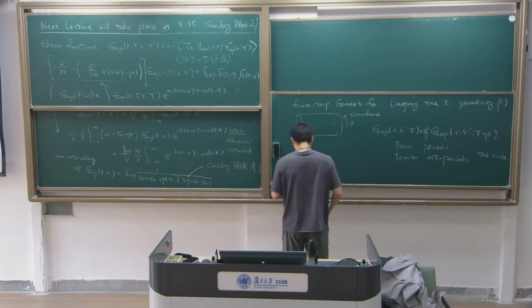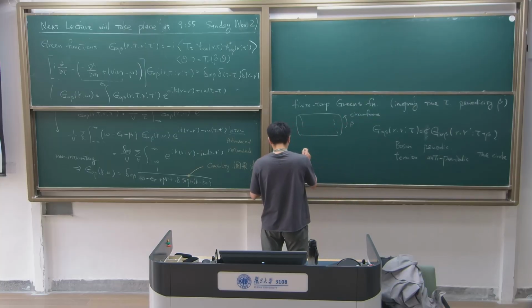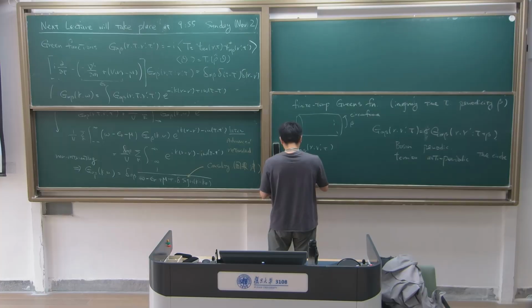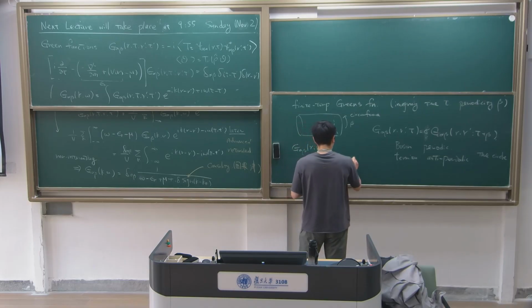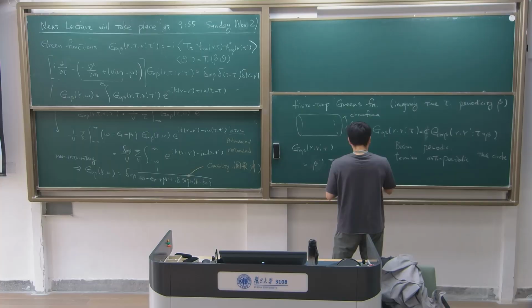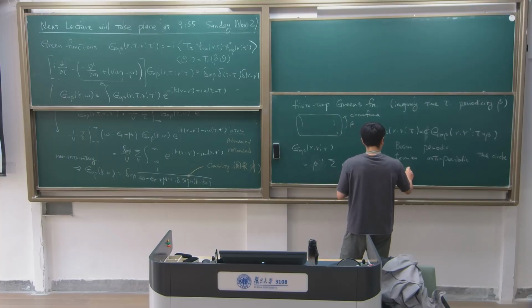If you use this rule, you can write down G as beta inverse times a sum over omega n of e to the minus i omega n tau times G of omega n.